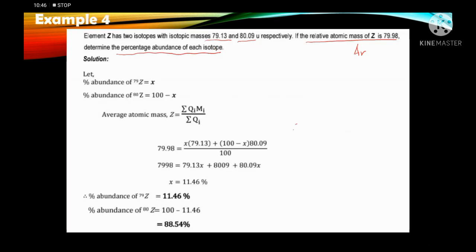Okay, but if they ask you to calculate the percentage abundant, for the unknown, you can straight away use x and 100 minus x. Okay, but the calculation method is the same thing. Okay, you get the relative, so you can get the average atomic mass value. You have mass for each isotope. Okay, and you just put the x into the formula. Okay, you should try this. Alright.